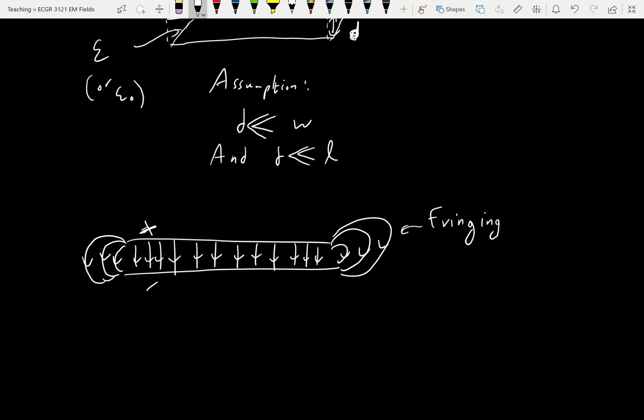I'm not sure if that's what it's called, but anyway, we can ignore this to get the approximate capacitance of the parallel plate, which is a pretty good approximation.